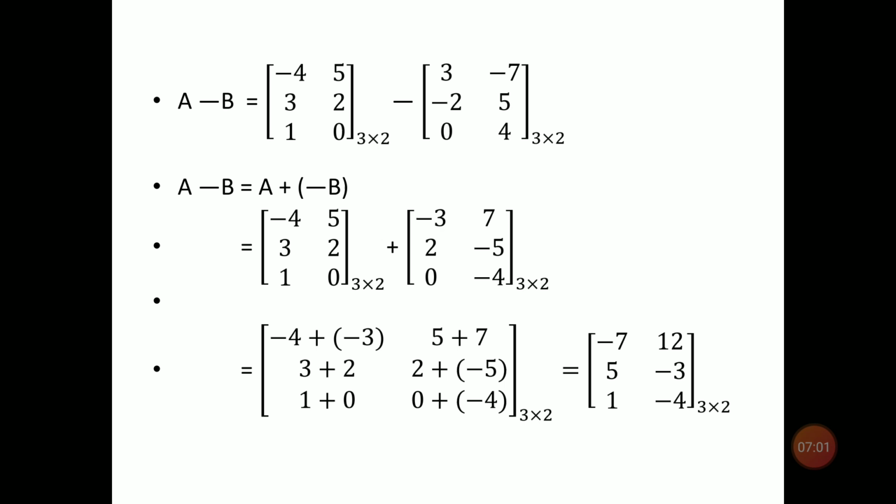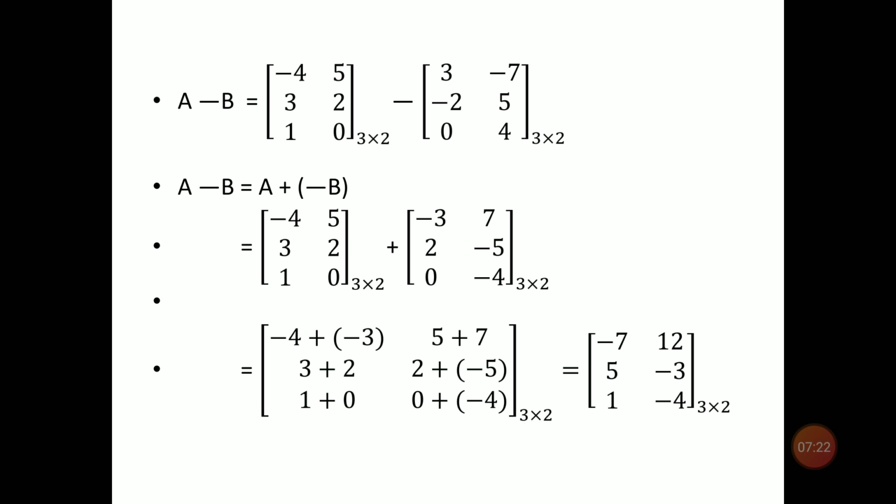Once you obtain the matrix minus B, what you have to do is just the addition which we have seen in the first slide. We just add the two matrices. How do we add two matrices? Just by adding the corresponding elements. So we add minus 4 plus minus 3, 5 plus 7, 3 plus 2 and so on.